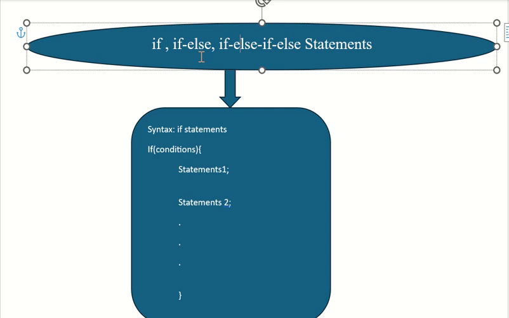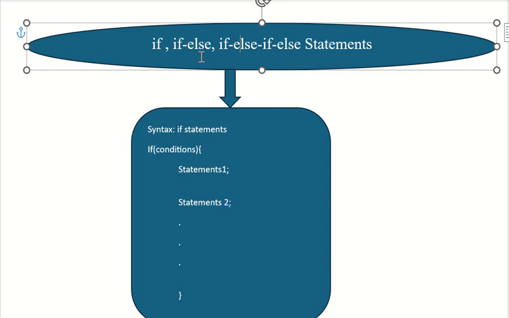A certain condition is met, like if the student name is equal to XYZ, then all the details should be output.